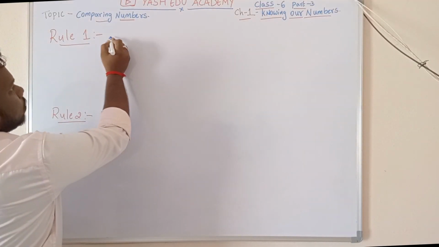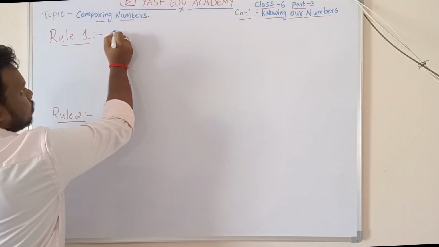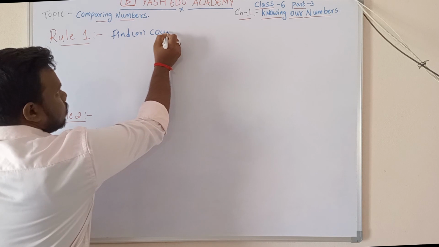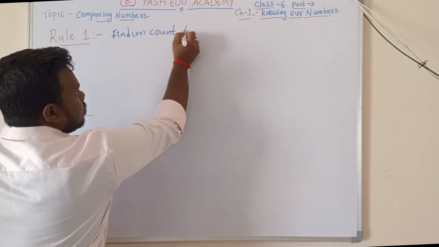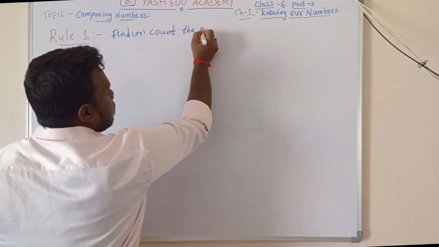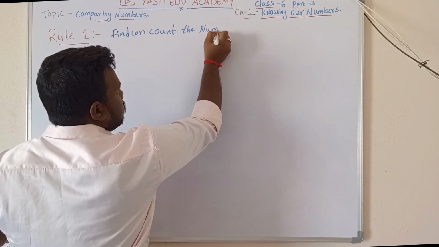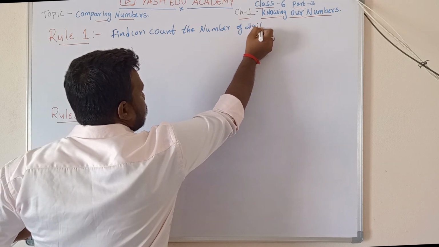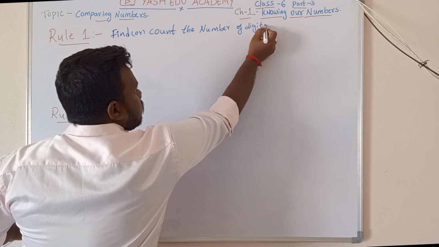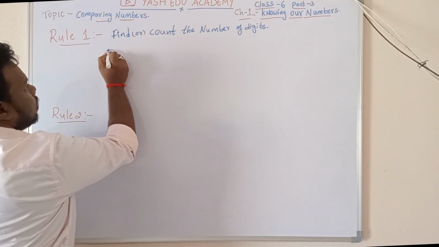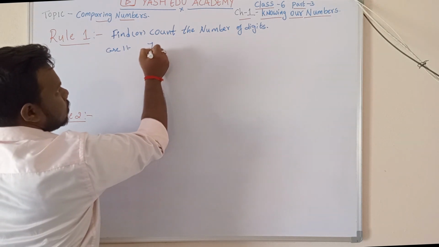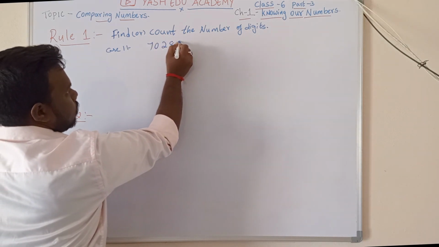Now rule 1 says that we should find or count the number of digits. In case 1, I am giving the number 70282.